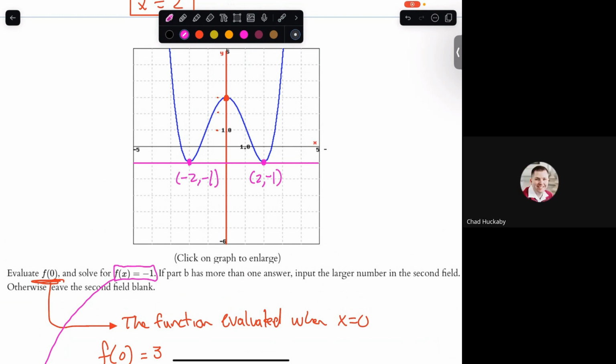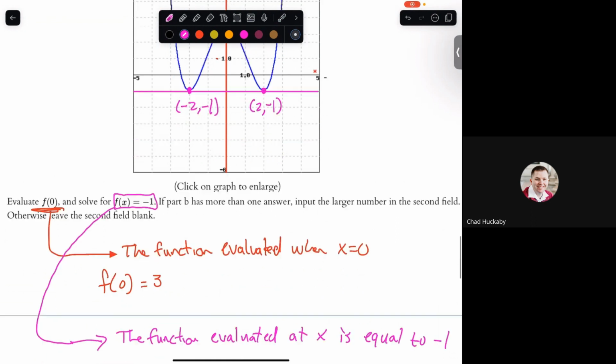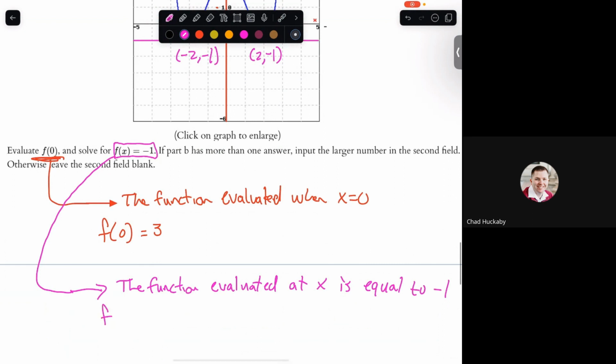Yes. So our function value in both cases is -1. So f of -2 is equal to -1, and f of 2 is equal to -1. So the two values you're plugging in to f are -2 and 2.